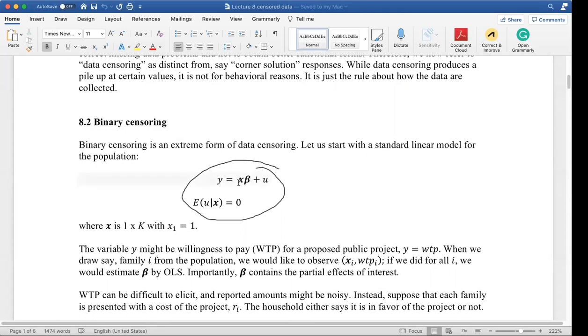All that we're assuming is that we have a linear model. We will assume random sampling, there's no perfect multicollinearity, and we're assuming that X is exogenous. That's all we're assuming here. We're not assuming normality.